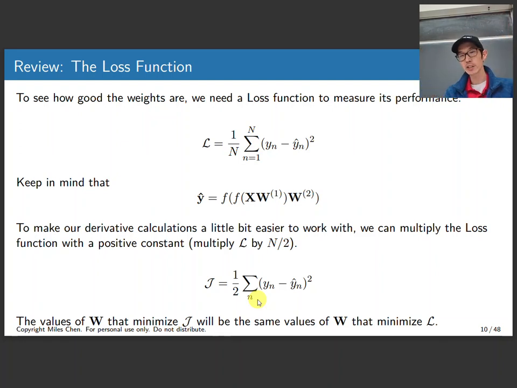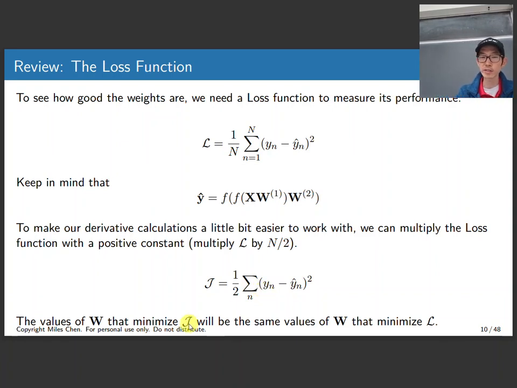And here, just to help our calculations look a little bit cleaner, we're going to take this mean squared error, multiply it by n over 2, just a different constant, so that our loss function is going to be 1/2 of the sum of yn minus y hat n, squared.